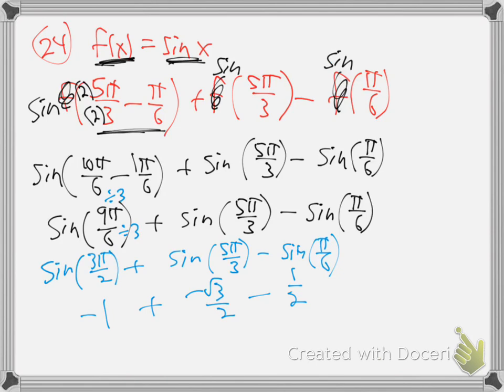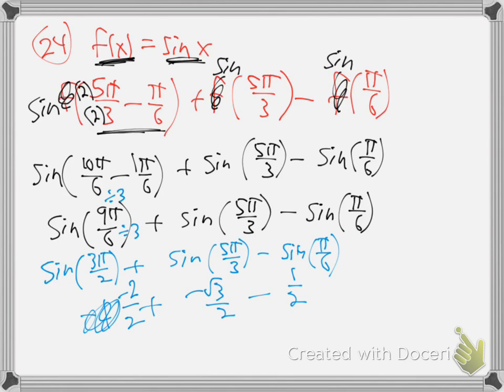Good to there. Now we got to do something with those guys. Yeah, they won't take the answer that way. So to put them all together, I got to make common denominator 2, huh? You know what you could do? Make that -1 into -2 over 2. That just makes common denominator. Is that okay what I did there? That's still a -1, isn't it? 2 over 2 is 1.